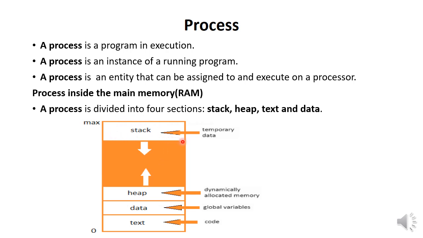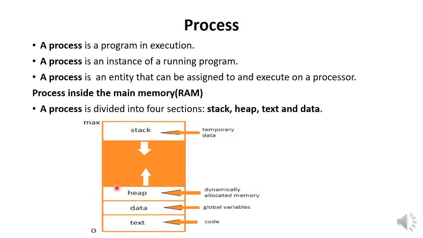So the process stack is used to store temporary data. And when we say temporary data, we understand, for example, local variables or function parameters and so on.